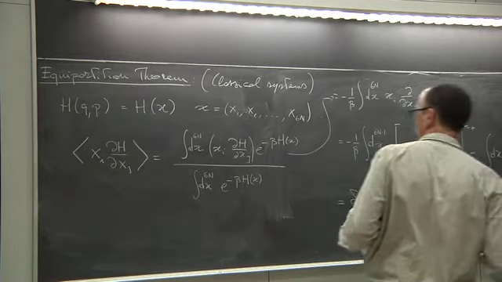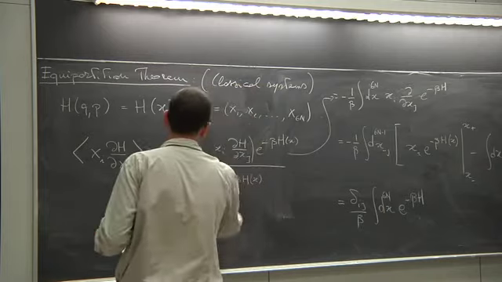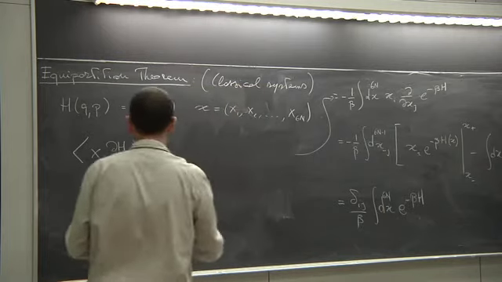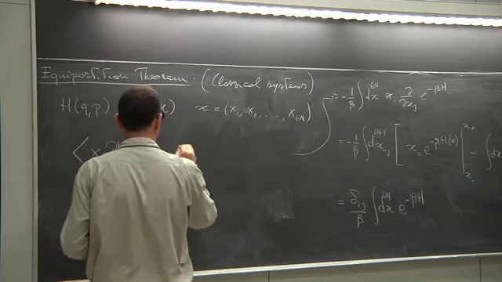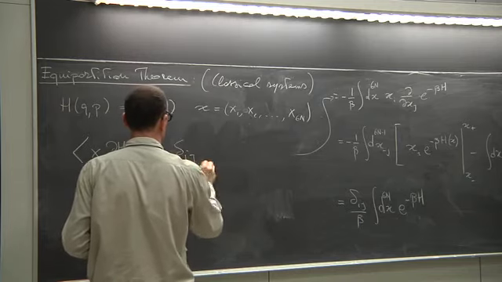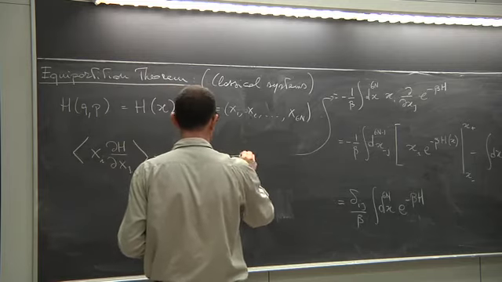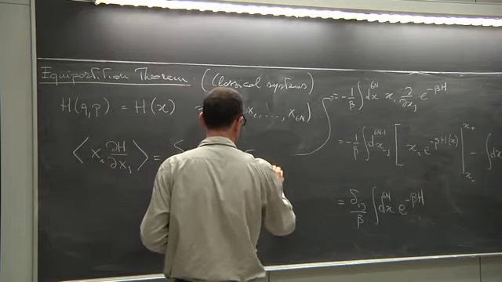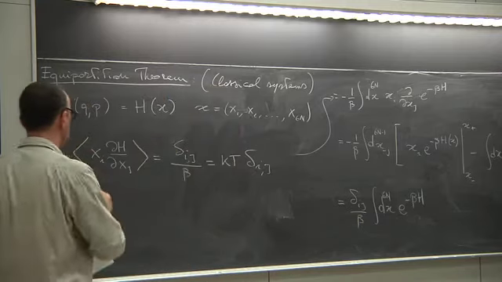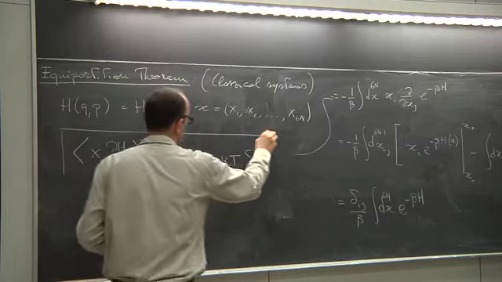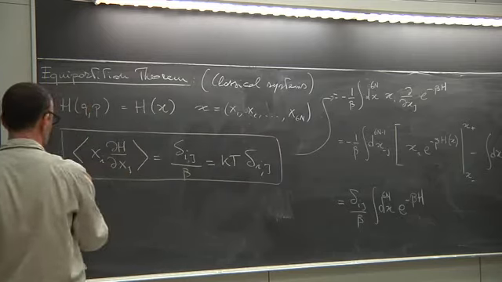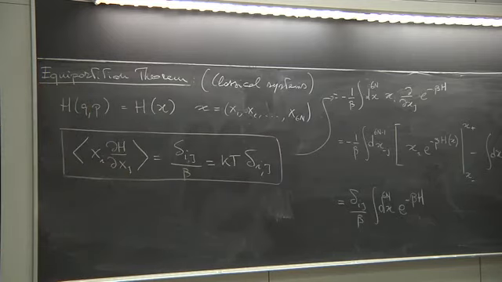What you find out of this is that this expected value is equal to delta ij divided by beta, or kT delta ij. So this is a very, very general relation which holds for classical systems.